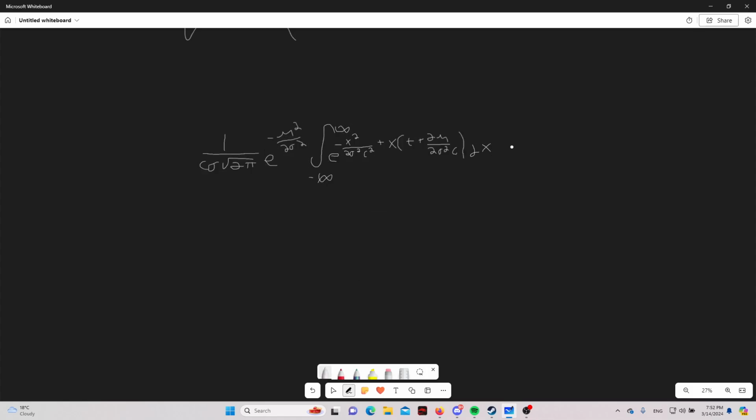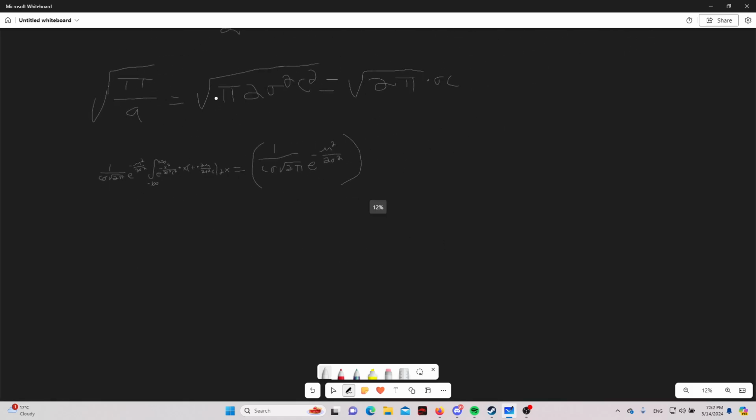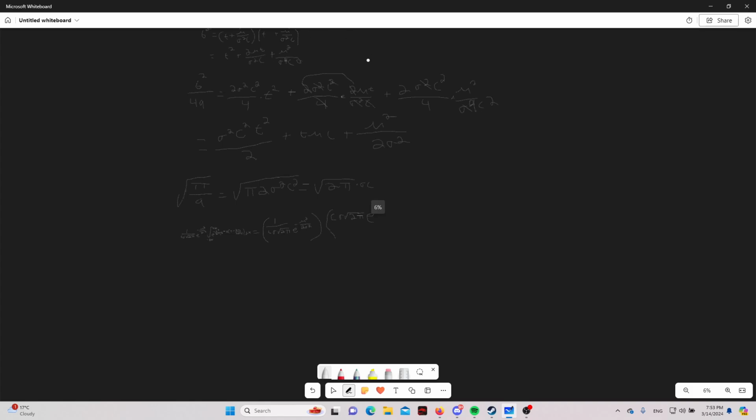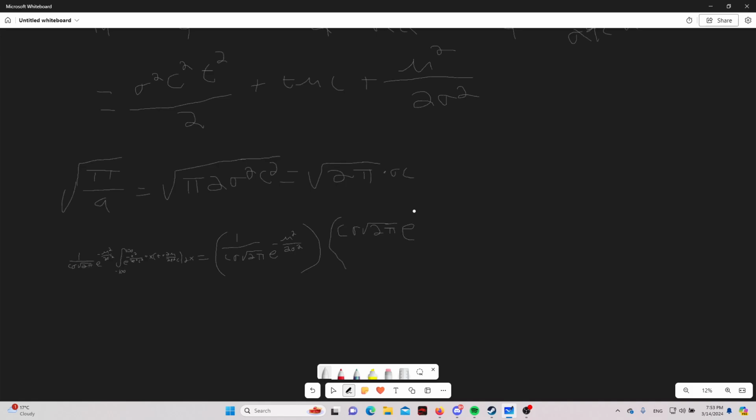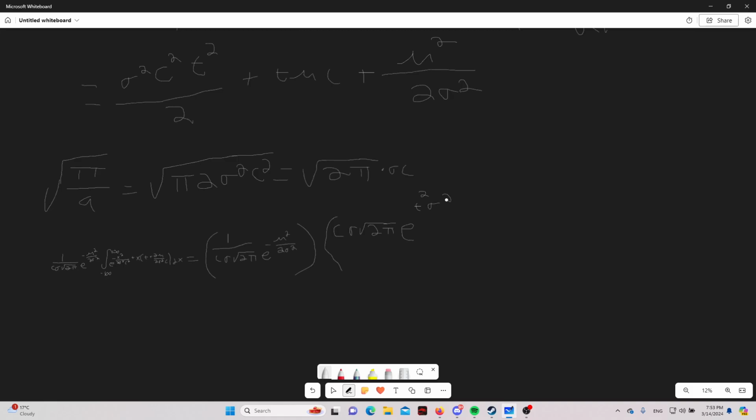So this integral here equals 1 over c sigma root 2 pi e to the negative mu squared over 2 sigma squared times the result of this integral, which is, I'll write it this way, c sigma root 2 pi times e to the t squared sigma squared c squared.